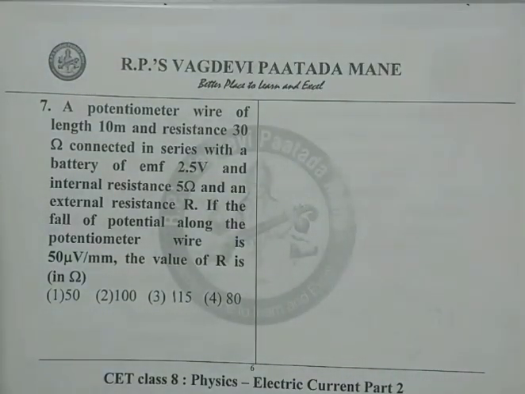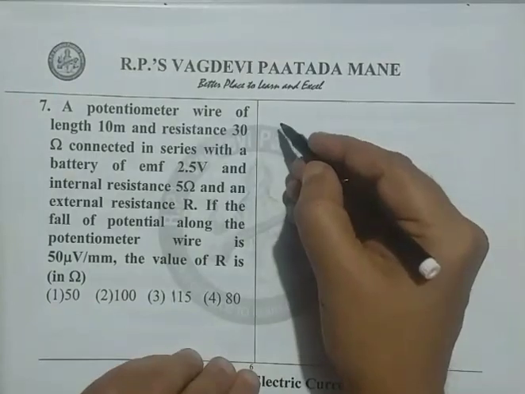A potentiometer wire of length 10 meter and resistance 30 ohm is connected in series with a battery of 2.5 volt and a resistance 5 ohm and an external resistance R. We write the figure again.